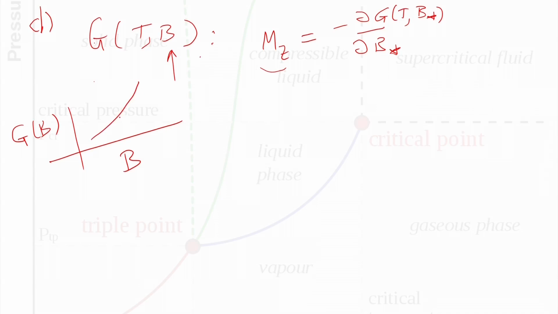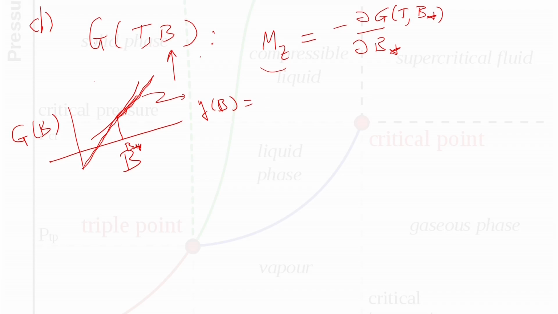So imagine you have something like this. This is your B star. So you have a whole bunch of slopes here. The idea is that you create a straight line which is tangent to this curve. The tangent to the curve is going to look like this.